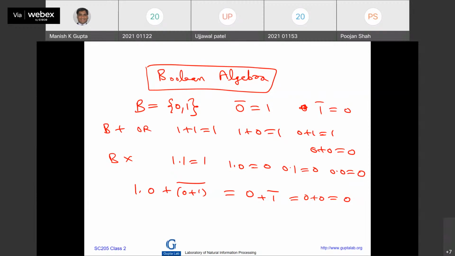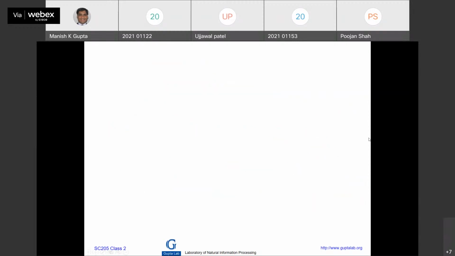So I can write it down. I can form Boolean space B, where B is {0, 1}.